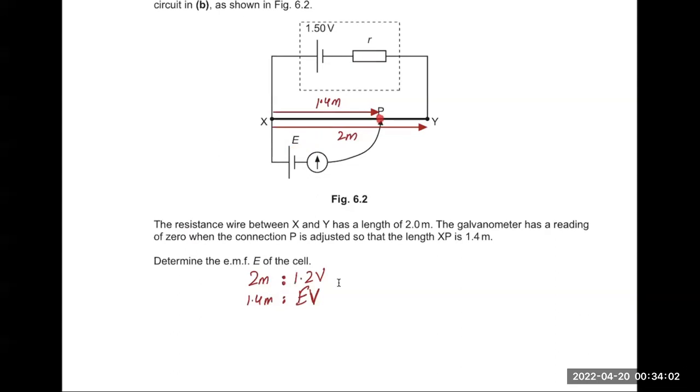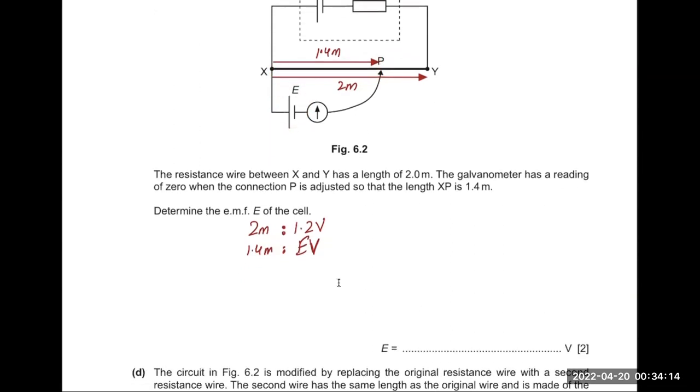Why? Because this is the point at which it's balanced. So the potential difference across this length XP should be equal to the EMF E. It's simple ratios. Cross multiply, solve for E. The answer is equal to 0.84 volts.